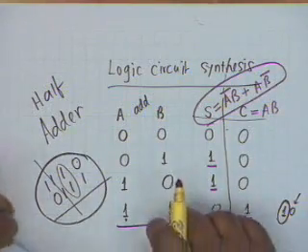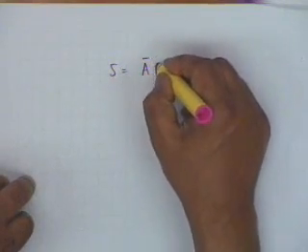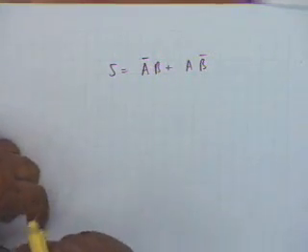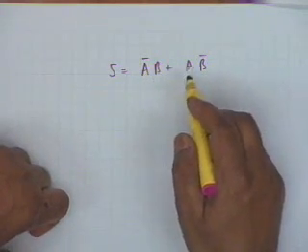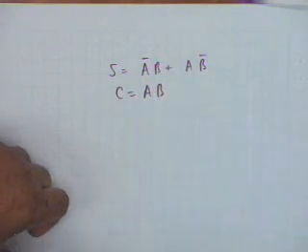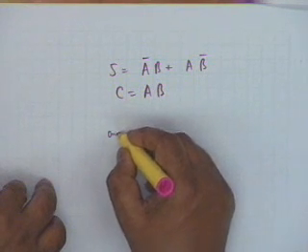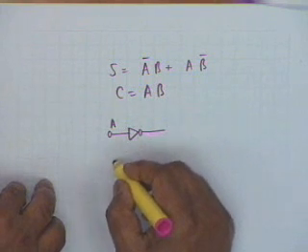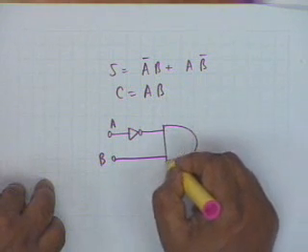Now, if I represent this half adder logic, S is A bar B OR A B bar. Well, I will simplify this in terms of ordinary language. I have to use a NOT gate for A, and then have B, an AND gate.